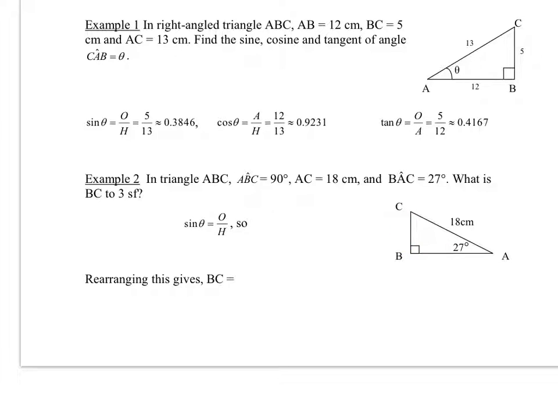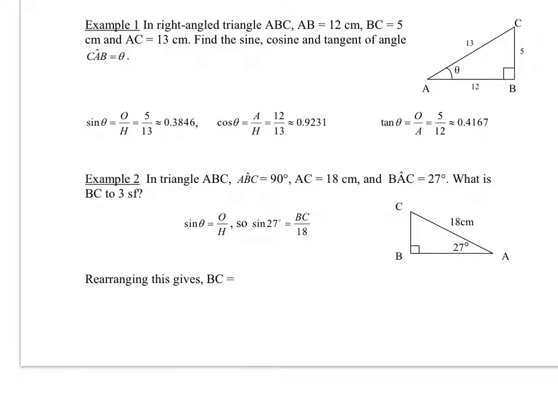So out of sine, cosine and tangent, which one involves the opposite over hypotenuse? It's the sine. So we then have this equation set up. Sine of 27 degrees, again, is opposite over hypotenuse. In this case, that means side BC divided by 18.